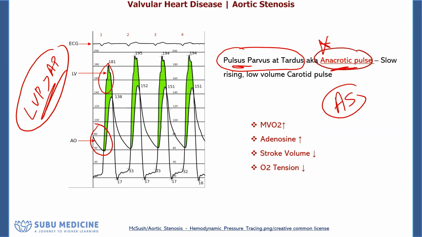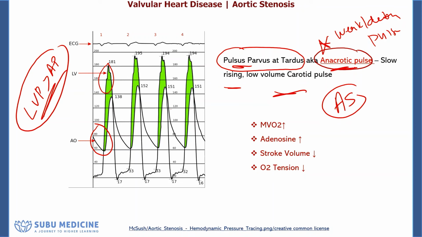The way you describe pulsus parvus et tardus is a slow-rising, low-volume, or decreased-volume pulse, or sometimes we also say a weak and delayed pulse. So sometimes the exam questions have it as an answer choice: you might see pulsus parvus et tardus, or most commonly anacrotic pulse. This is usually a slow-rising, low-volume pulse. Make sure you know this, right?